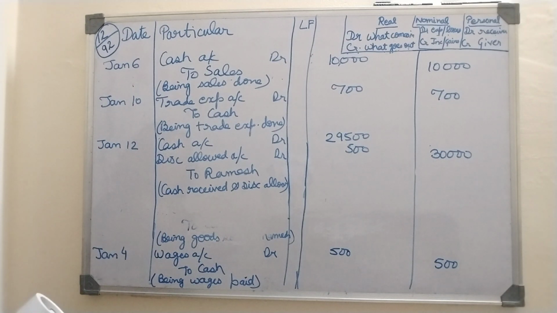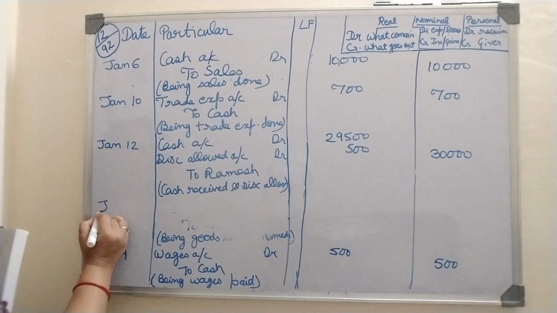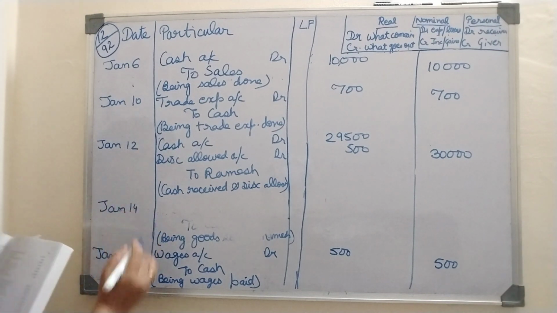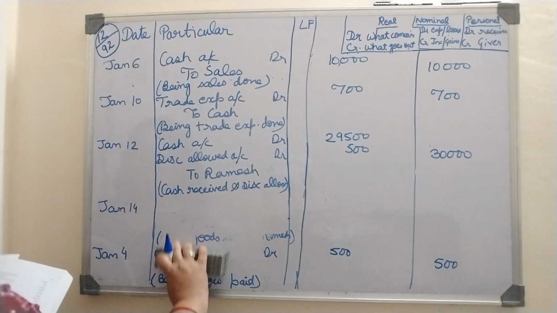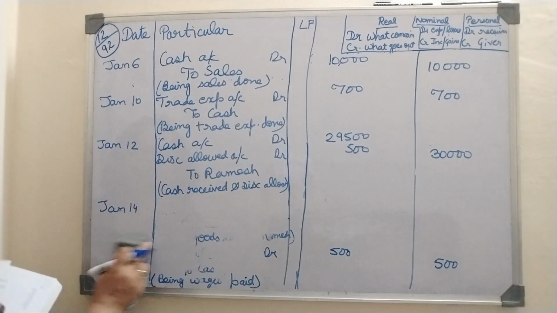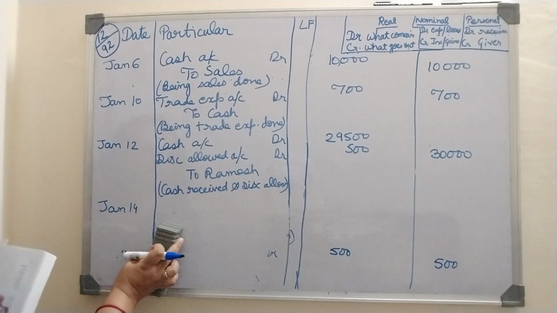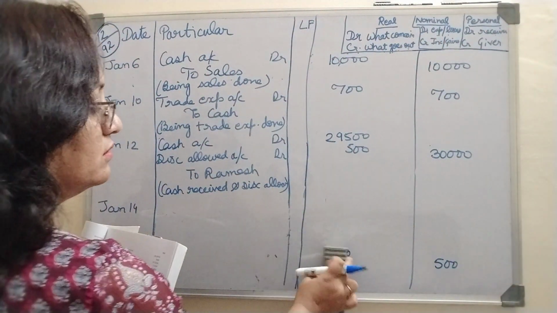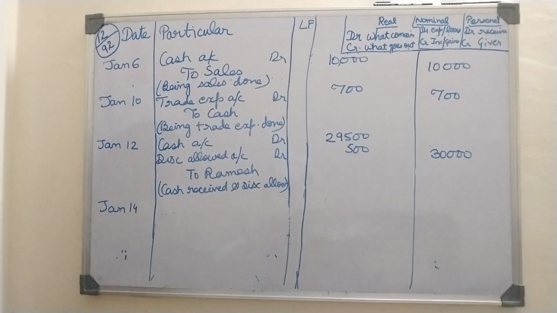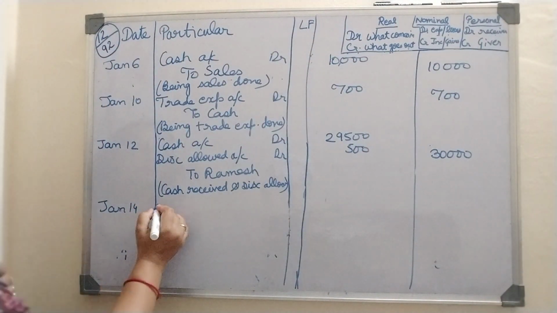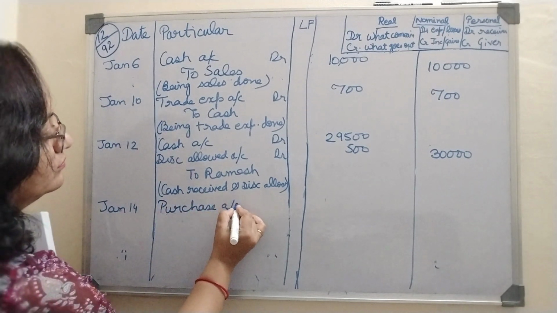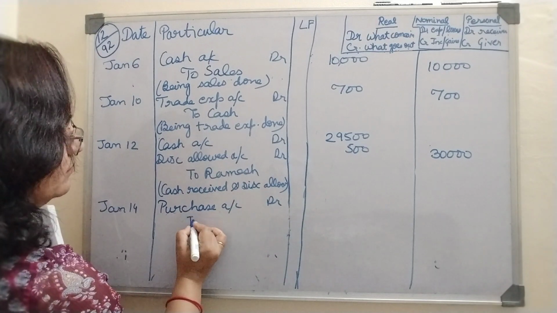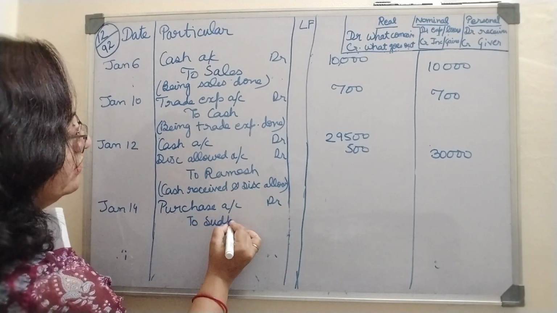Now January 14. January 14 we have goods purchased for Sudhir. Actually it is from, not for. In the book it is written as for. So goods purchased from Sudhir. So it will be purchase account debit to Sudhir. So Sudhir is our debtor or creditor?